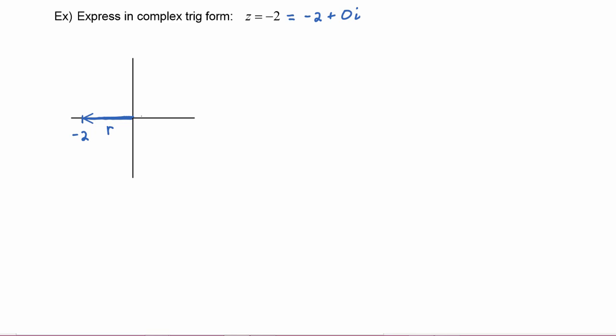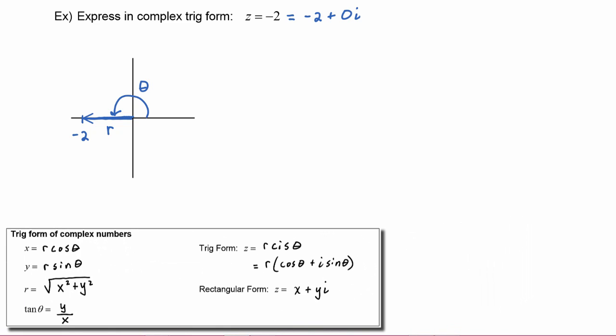This distance will be r. This angle is theta. And this is one of those cases where you can see r and theta immediately. But if for some reason you don't, or you're not sure, just apply the definitions.